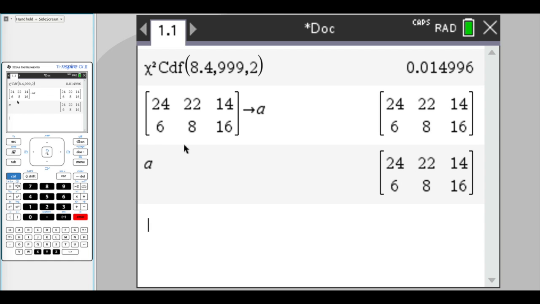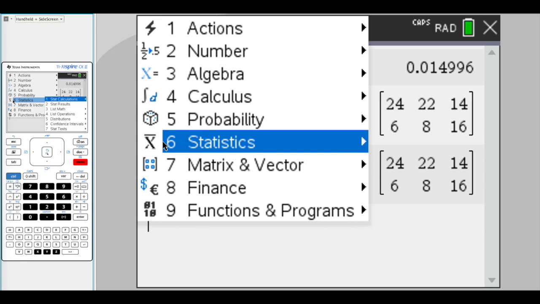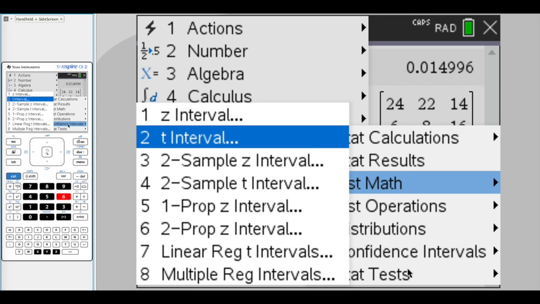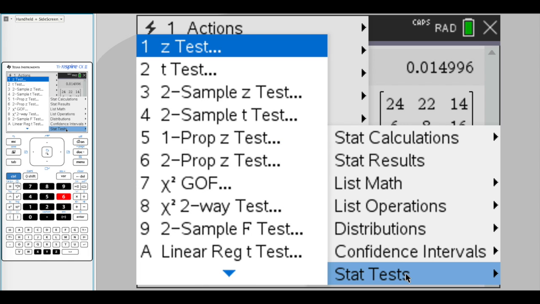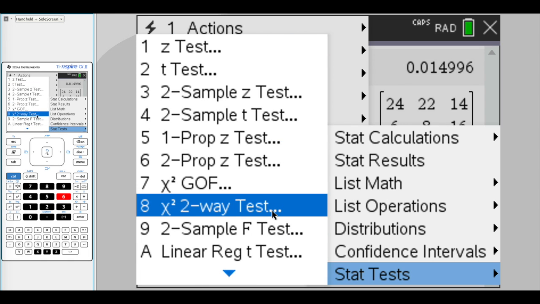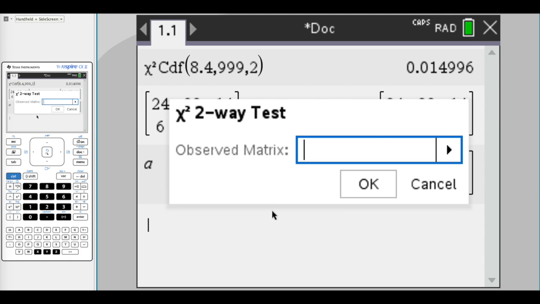So what we now do, once we have our data stored in a matrix, I will go to Menu, 6 for statistics, and we're going to go down to 7 for tests. And now we want to do a two-way test, chi-squared two-way test.